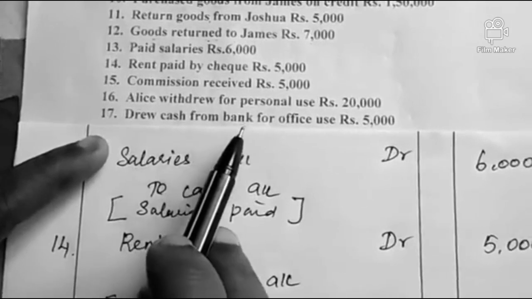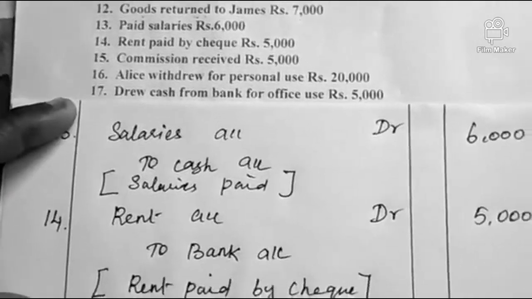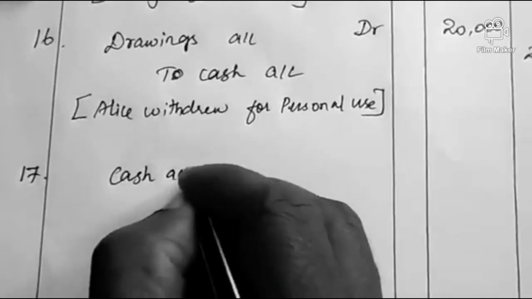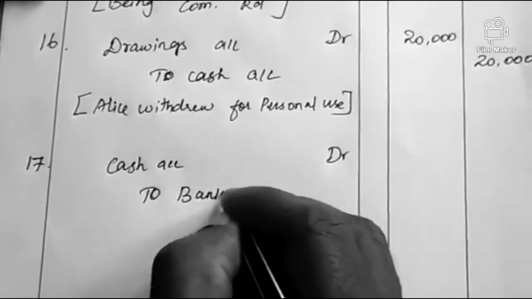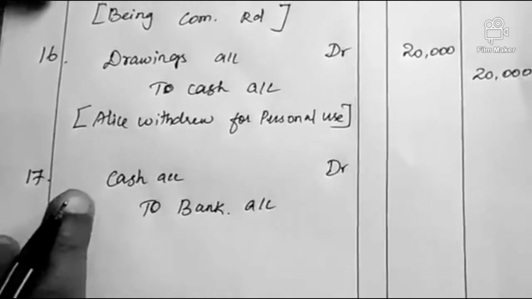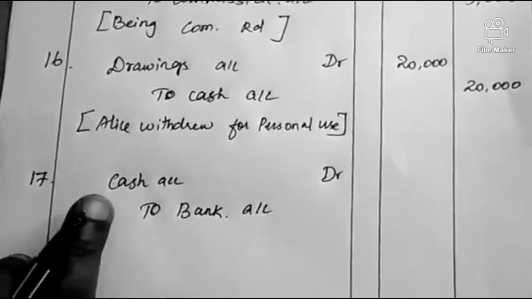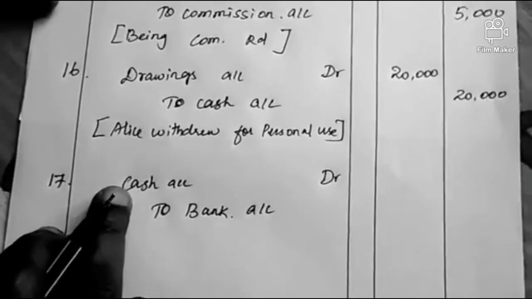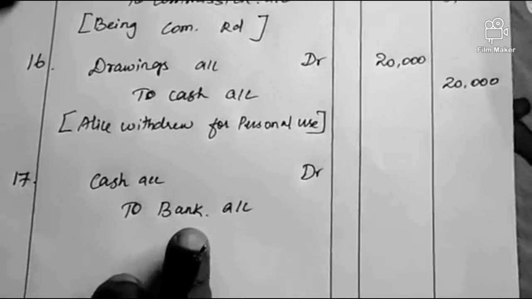So when you withdraw cash from the bank for office use, what comes in? Cash comes in. Cash account debit to bank. Because you are withdrawing the amount from the bank, no. So when you withdraw the amount from the bank for official purpose, what comes in? Cash comes in. So the real account rule is debit what comes in, cash comes in. Who is the giver? The banker is the giver.